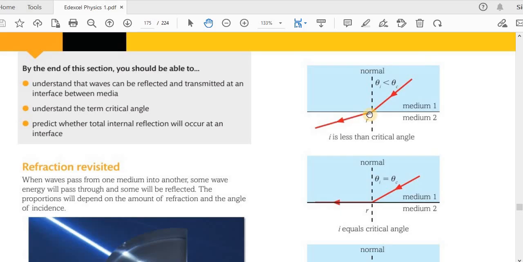It bends away from the normal. So in this case, the angle of refraction is greater than the angle of incidence. Always when the light ray goes from the denser medium to the less dense medium, the ray bends away from the normal. Therefore the angle of refraction is greater than the angle of incidence.